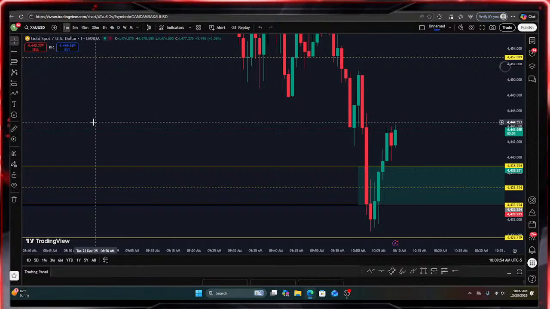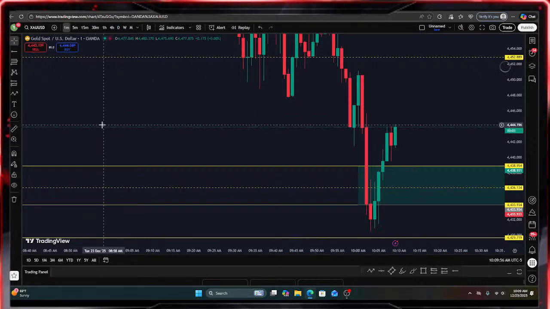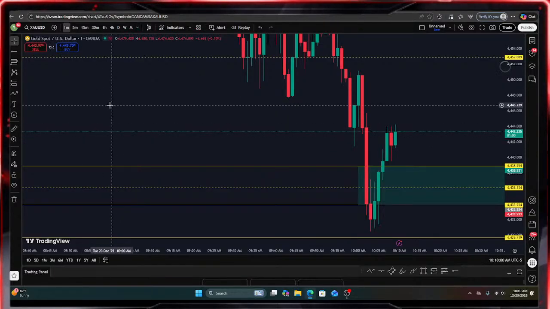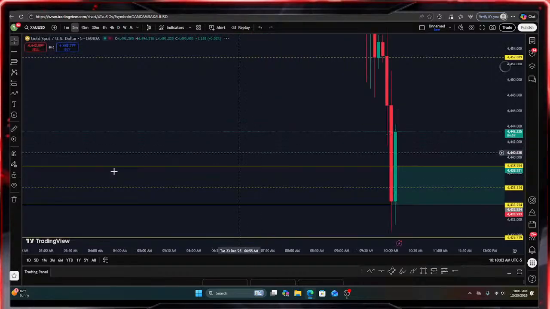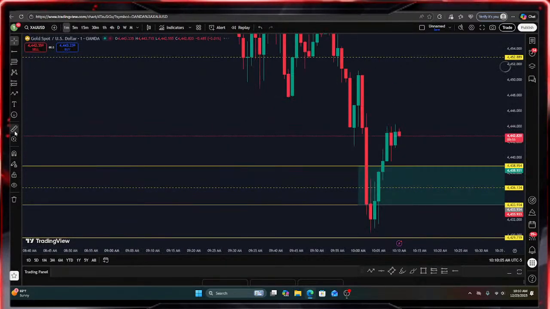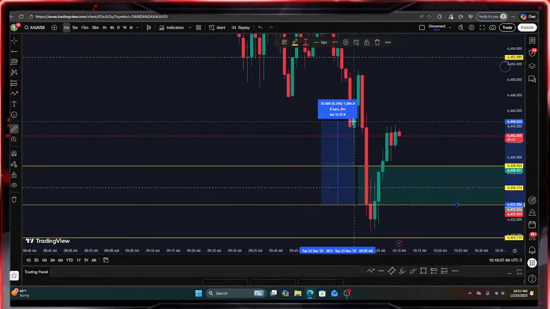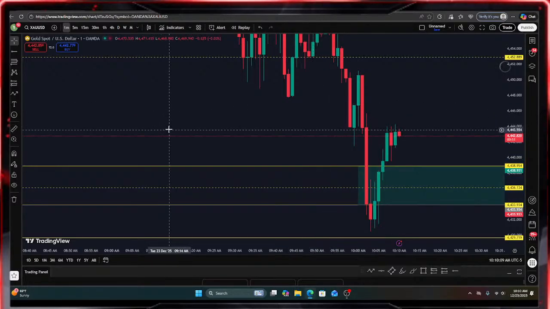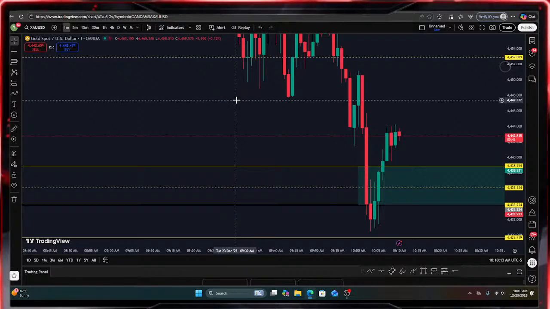Bro, this is probably the most pips I'm ever gonna catch, and it's only because my phone died. That's how it would have been closed full, bro. 100 pips. Why do you need to charge this?